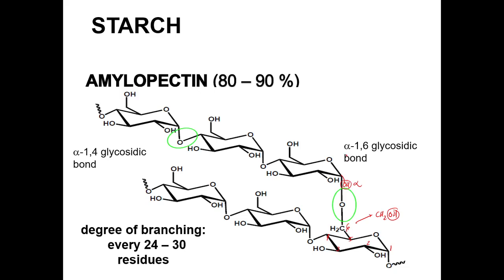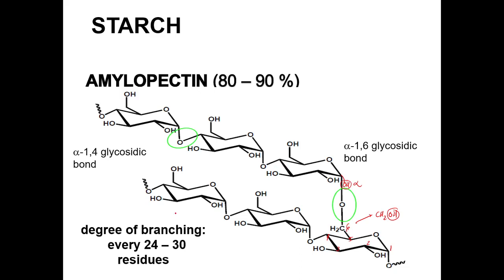So, yung amylopectin natin ay makikita natin siya in every 24 to 30 residues. So, for example, imagine you have a string of glucose units natin. Pagdating sa 24th na unit ng glucose, doon magkakaroon ng branching. Okay? So, doon magkakaroon ng branching. So, ano ang significance ng branching?